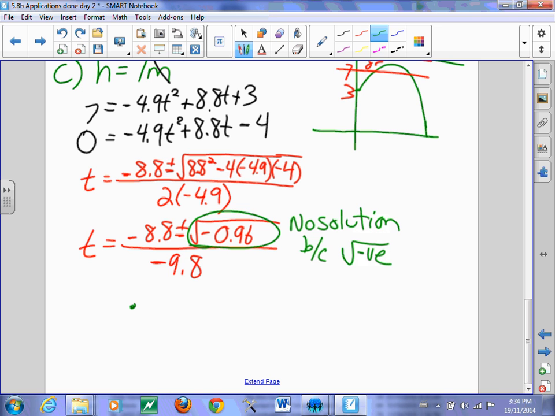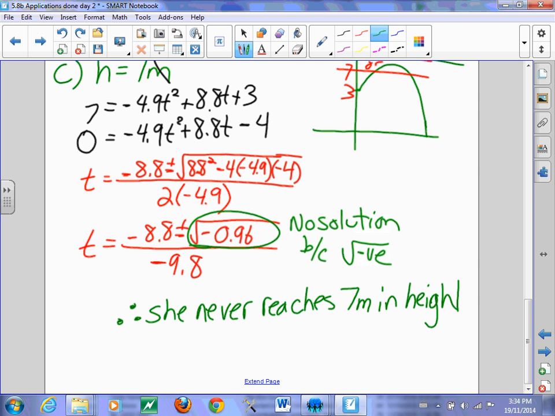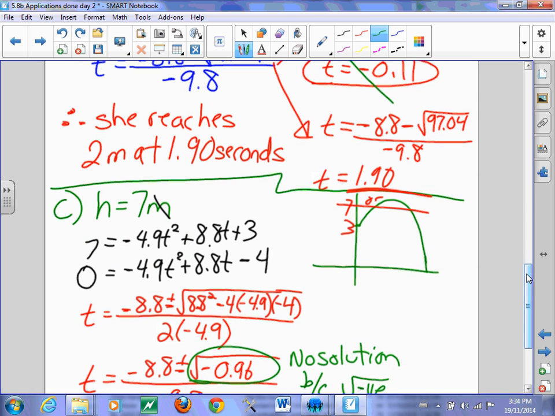No. So therefore, she never reaches 7 meters in height. That's pretty high on a springboard. So let's just examine our graph, guys. That's this case here. Because there's no solution, there was no intersection points, right?